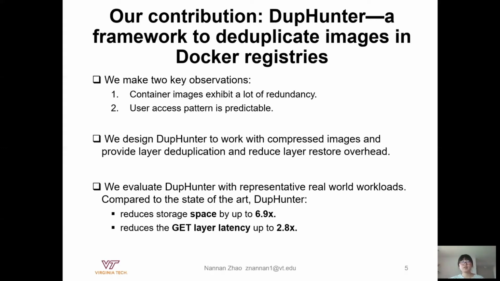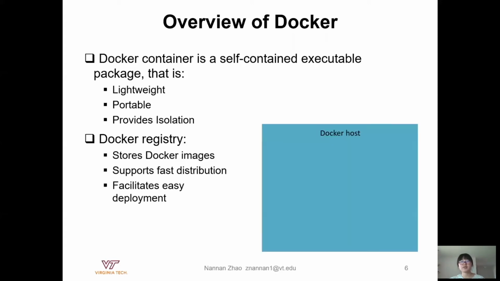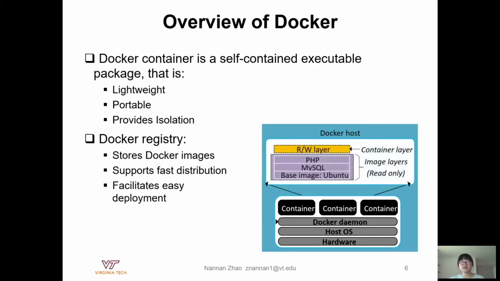Before I get into the details of DupHunter, let me give you a quick overview of Docker and Docker registry. A Docker container is an executable package that includes all the required components for software deployment and provides isolation among containers. It's lightweight compared to a virtual machine because all the containers running on the same server share the same kernel. Docker containers are created from Docker images.